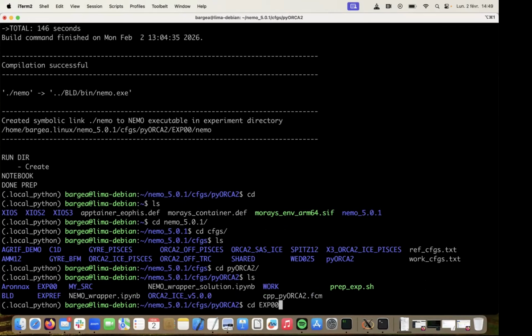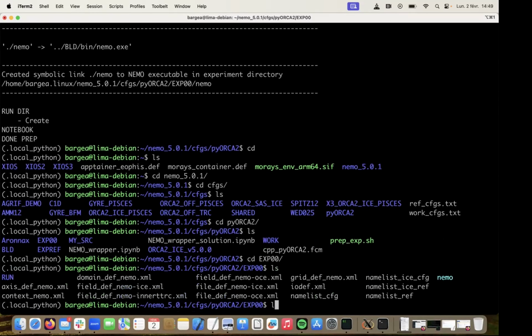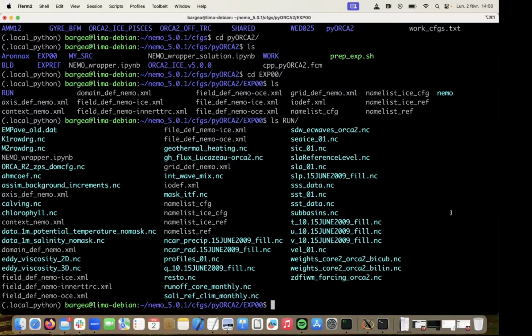If we take a look in the experiment running directory, we have the usual files required to run NEMO: the namelist to parameterize the model, the XML files for the input-output server, and several files required to force the simulation.